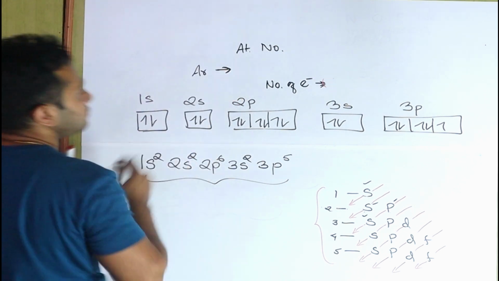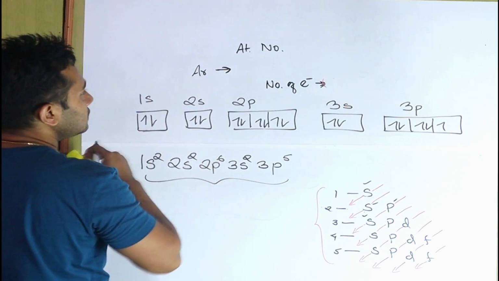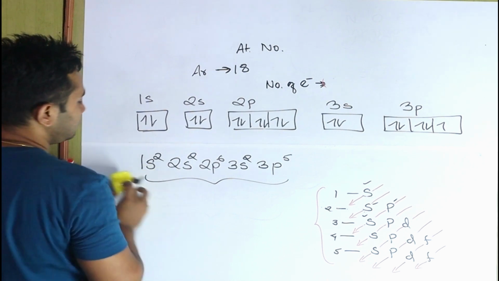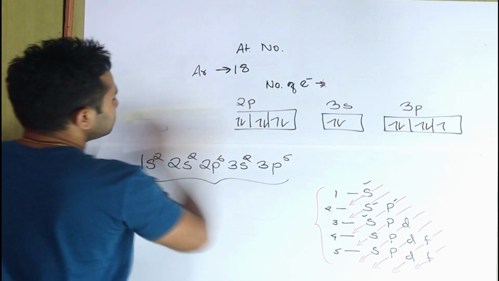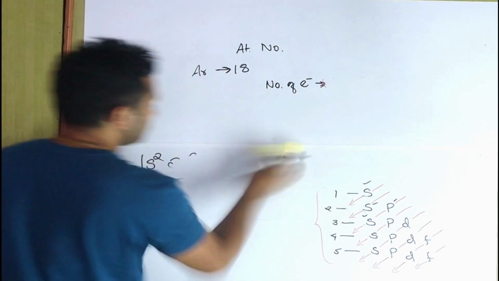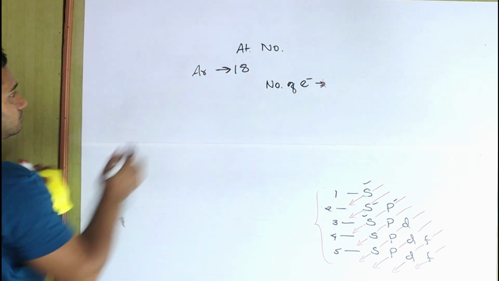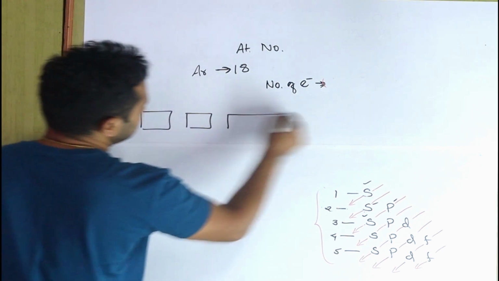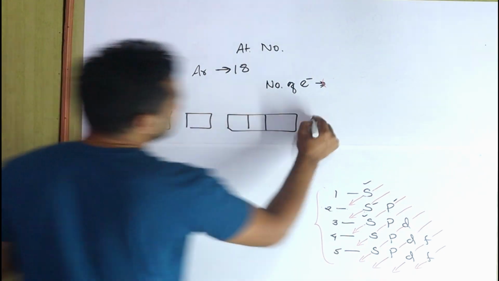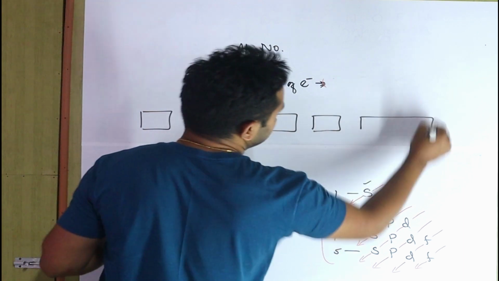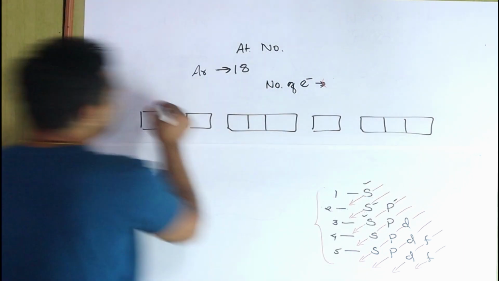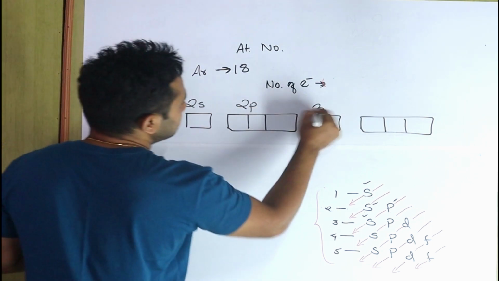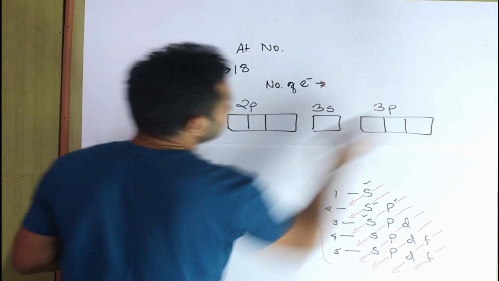Argon. We have atomic number 18. So let's fill the orbitals: 1s, 2s, 2p, 3s, 3p.